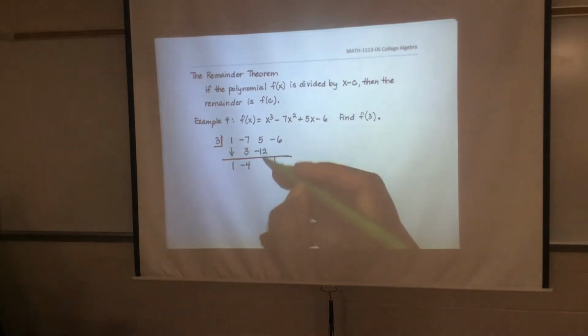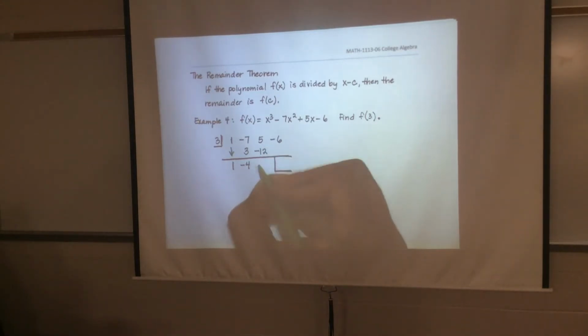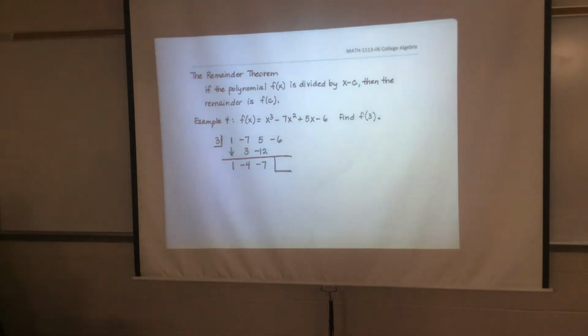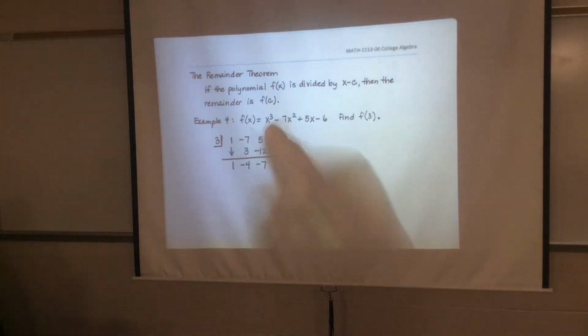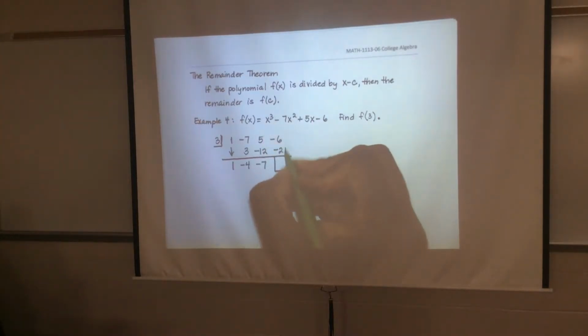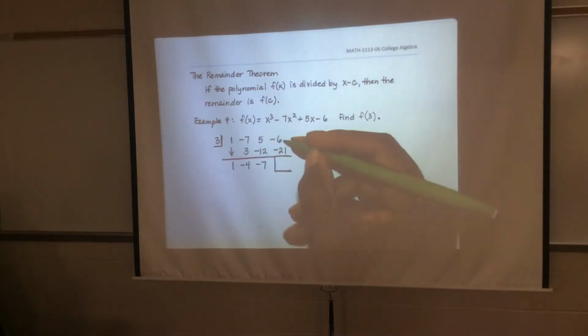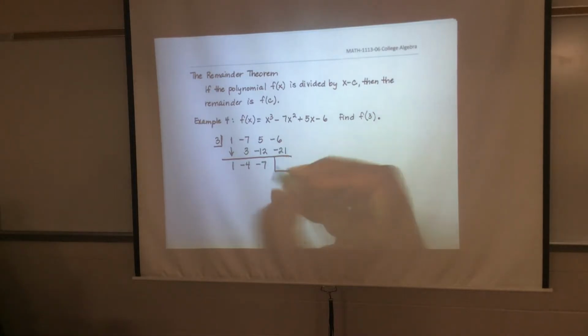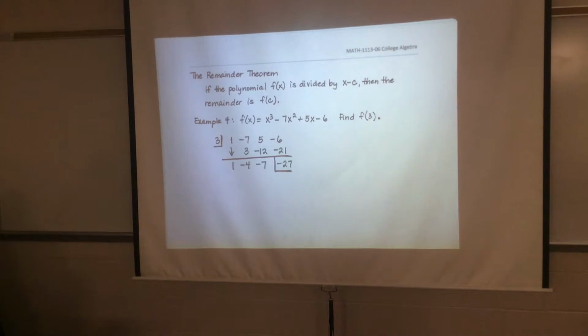Now add 5 and -12 together, you're going to get -7. And then finally do 3 times -7, that would give me -21. And then add -6 and -21 together, I'm going to get -27. Okay?